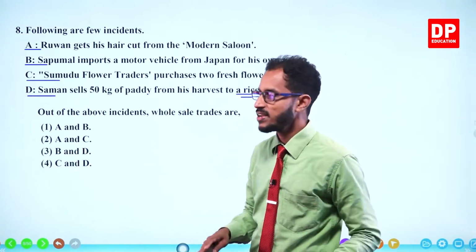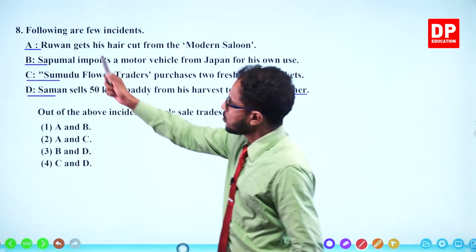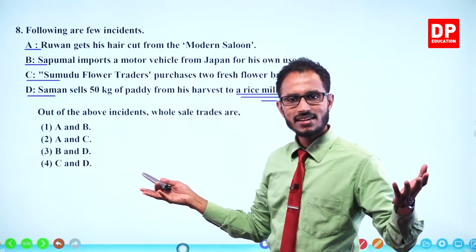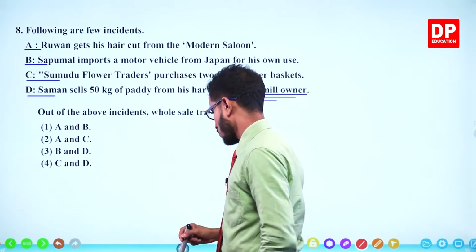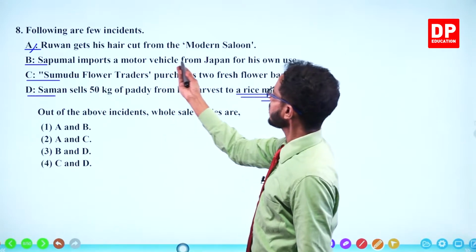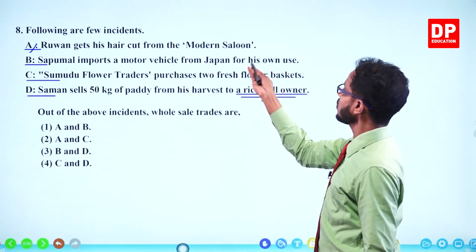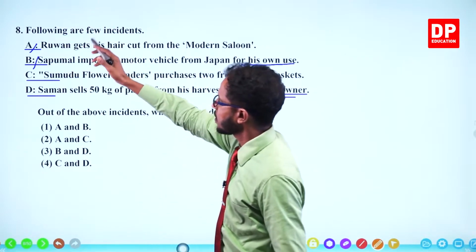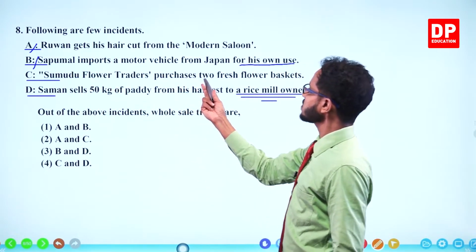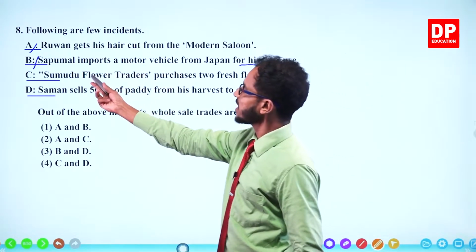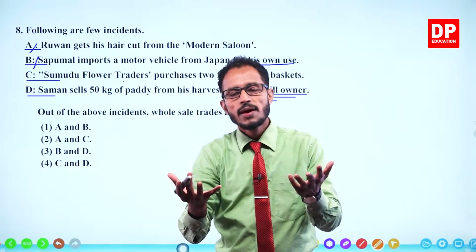So Ruan gets his hair cut from modern salon. Is it a wholesale trade? No, it's not. Sapumal imports a motor vehicle from Japan for personal use. Not a wholesale. Sumudu Flower Traders purchases 2 fresh flower baskets. A trader is buying goods for what?